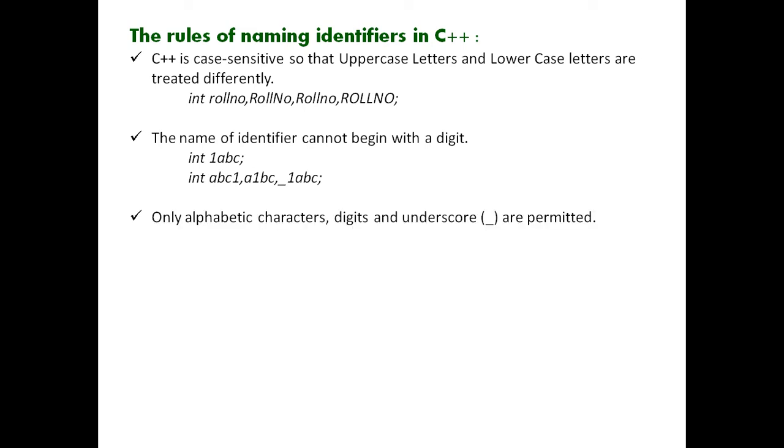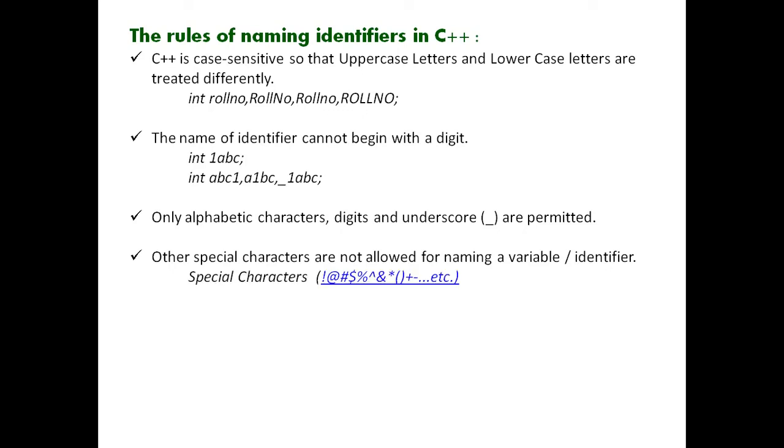What is the third rule? Only alphabetic characters, digits and underscores are permitted. But make a note of this: a digit can be a member of the variable name, but it cannot start with a digit, as I have stated in the second rule. The fourth rule says other special characters are not allowed for naming a variable or an identifier. What are special characters?